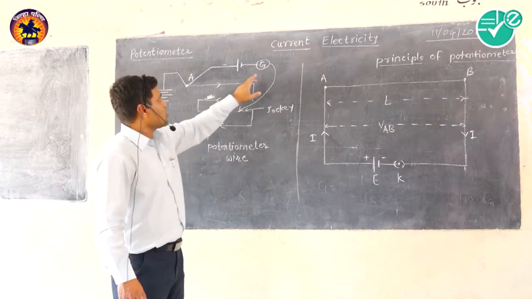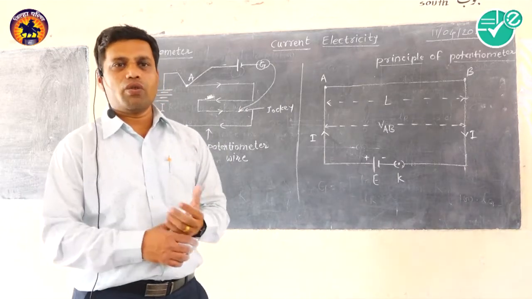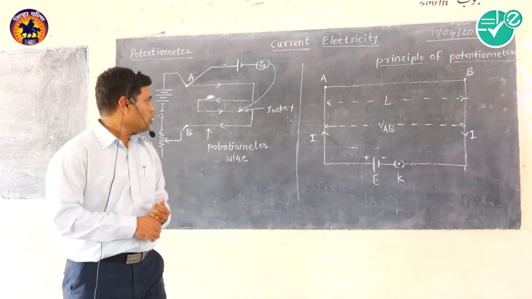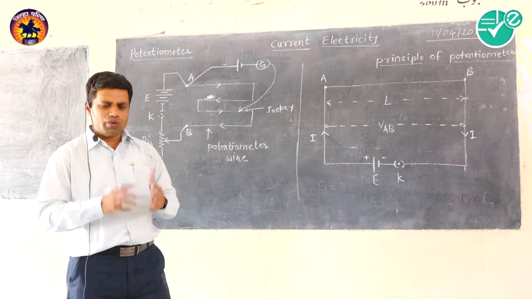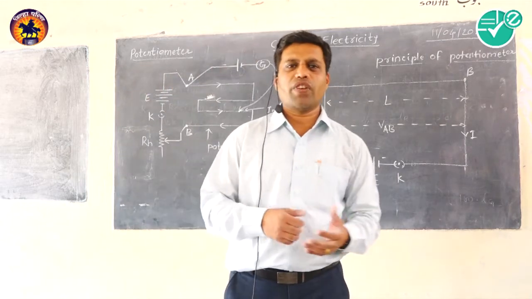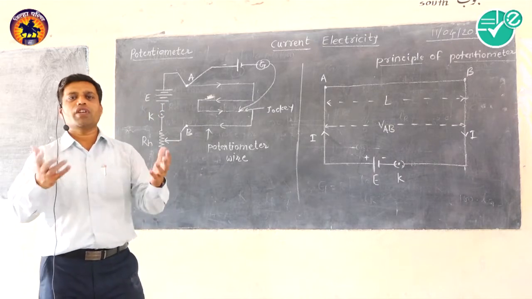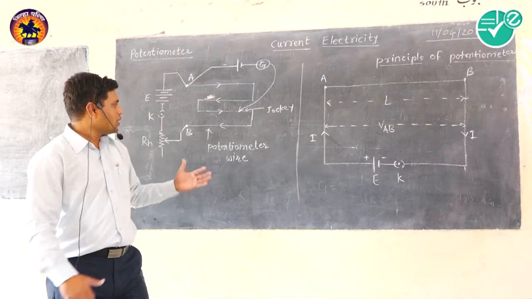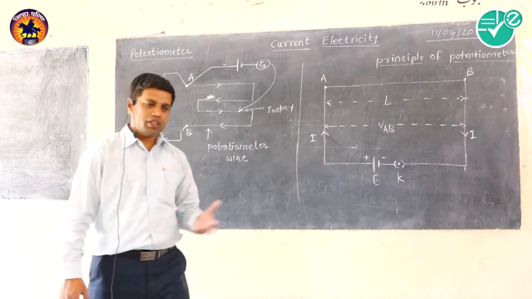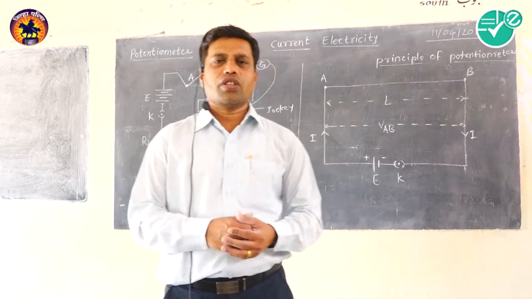A galvanometer is also used and a jockey is also used to calculate the unknown EMF of a given cell. So, potentiometer is used to calculate unknown EMF, for comparison of EMFs, and also to find the internal resistance of a given cell. For this purpose, potentiometers are used in different experimental applications.